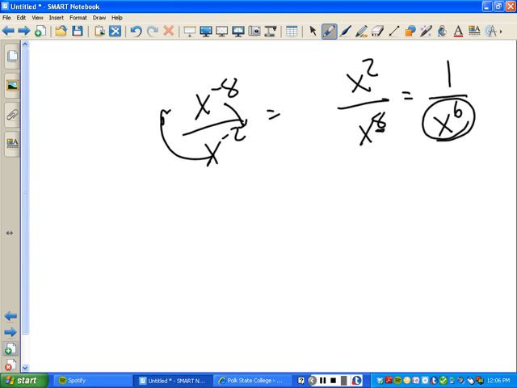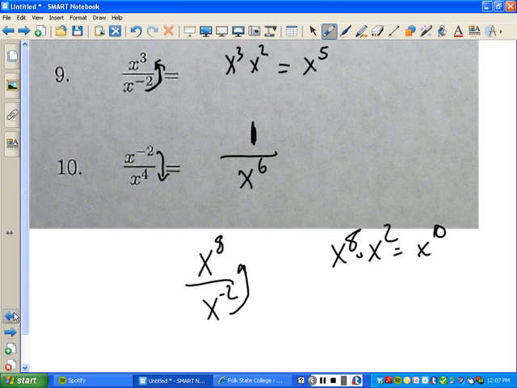Does the biggest exponent have to be on the bottom? No, not necessarily. When I had x to the 5th over x to the 1st, I got x to the 4th over 1, right? Because the biggest exponent was on top. Okay, so let's say it said negative 8 and a positive 2. Let's say we have x to the negative 8 over x to the 2nd.